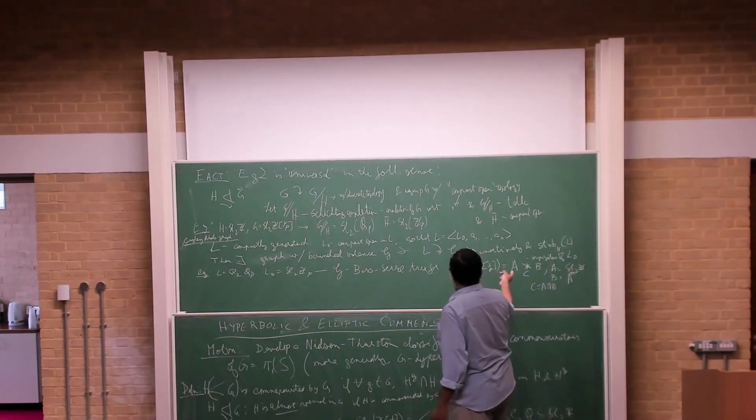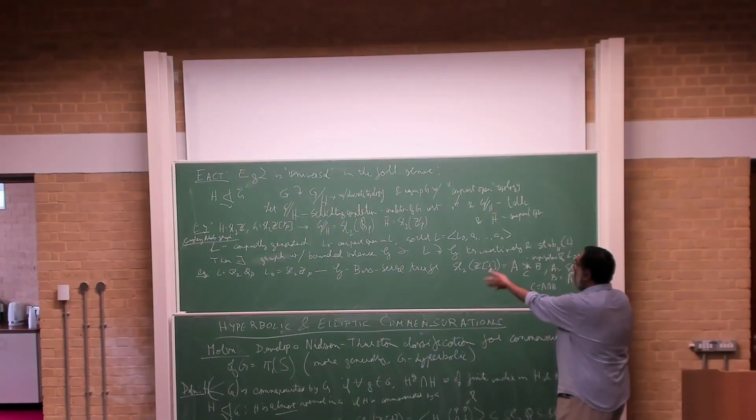So this is the Bass-Serre tree for this finitely generated group that we all know.